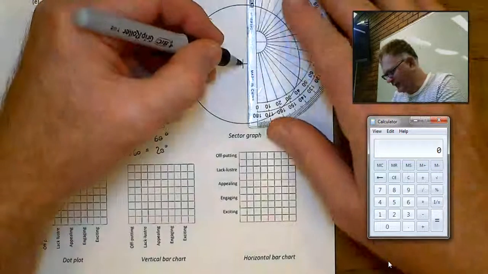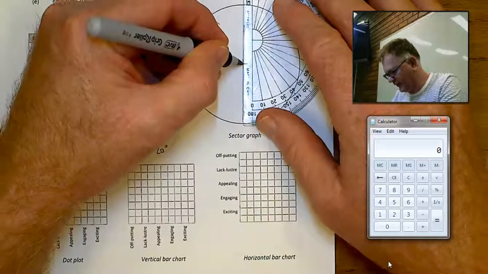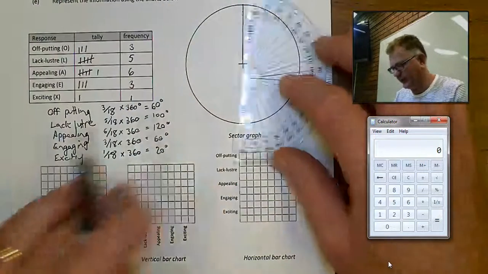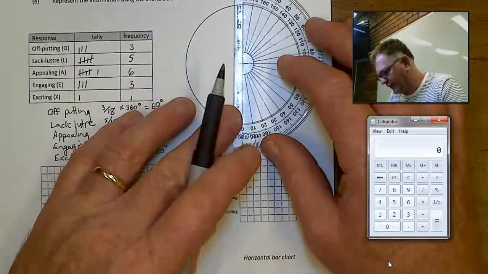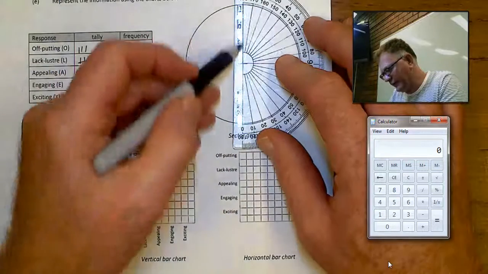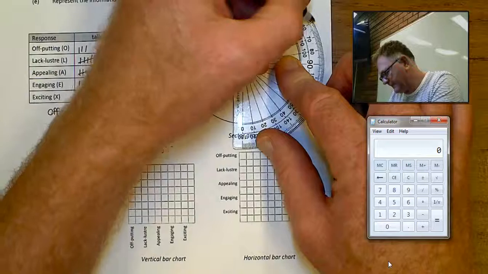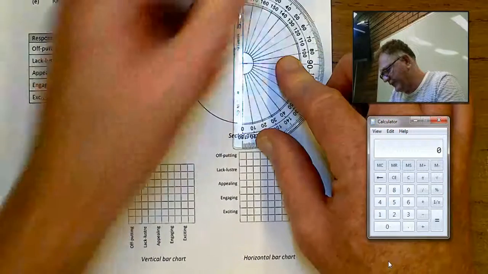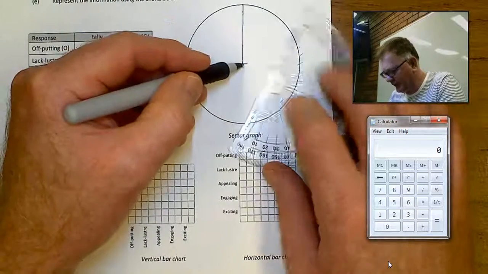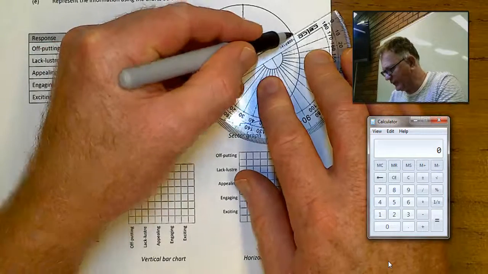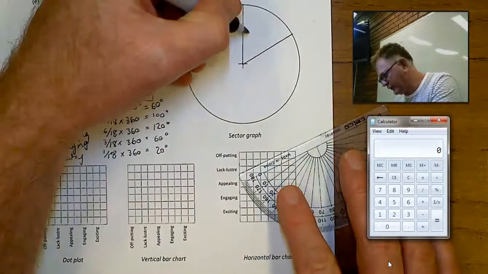Start by putting a line anywhere you like from the centre to the side. My first angle is 60 degrees. Centre of the protractor on the centre and the 0 line on the line that we've just drawn. Measure round to 60 degrees, put a dot, and then connect that out towards that dot. Stop at the edge of the circle. That's just 60 degrees for off-putting.